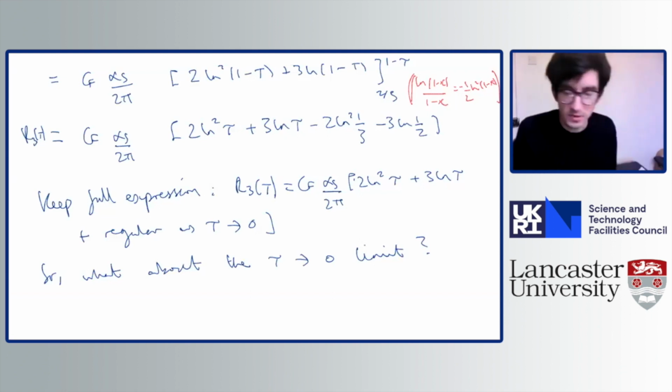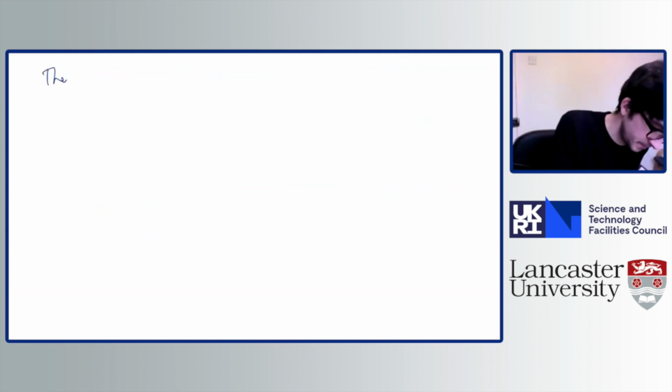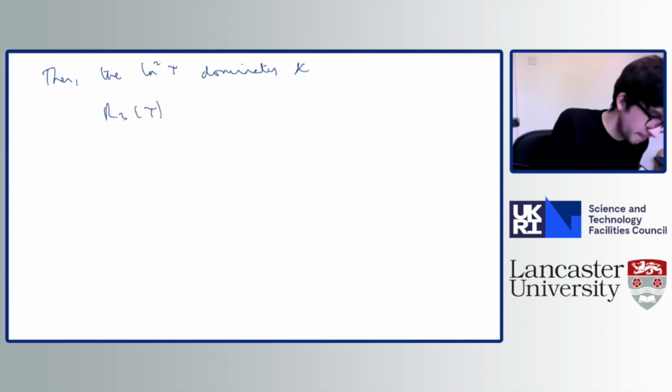Well, then clearly we've got these logs in tau, so the log squared tau in particular dominates. And here's the bottom line: 2 times log squared tau.